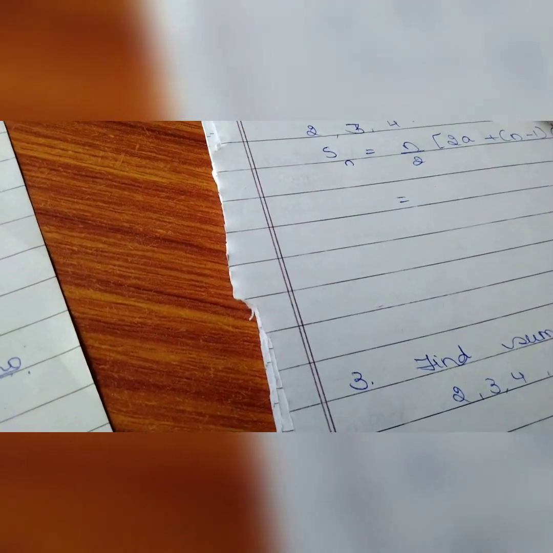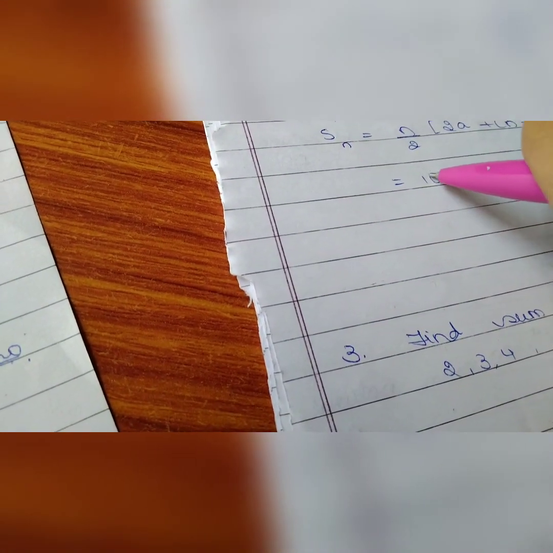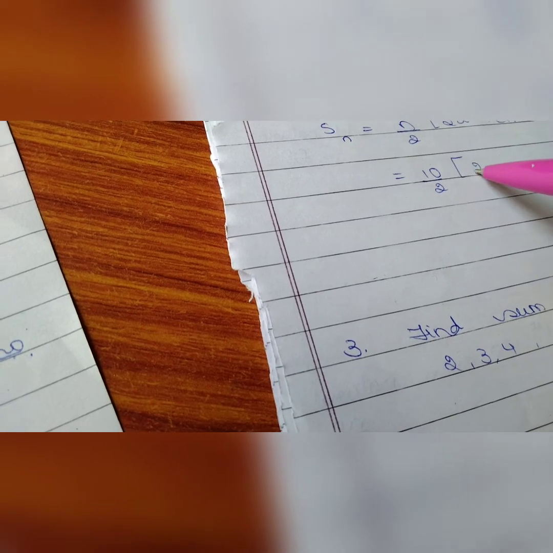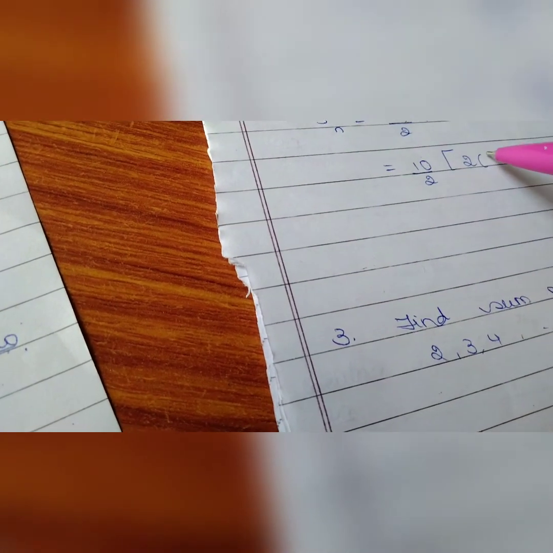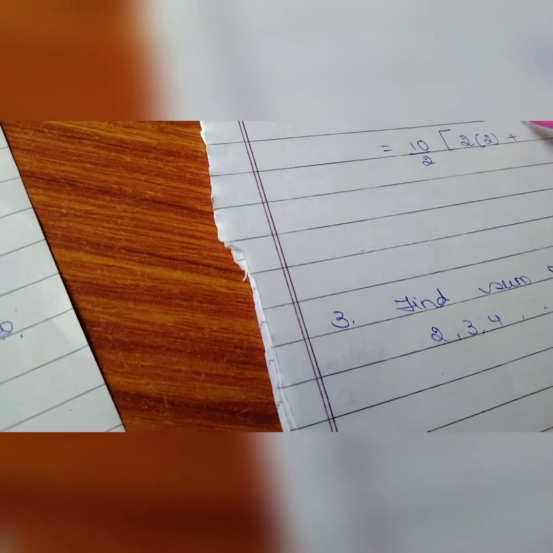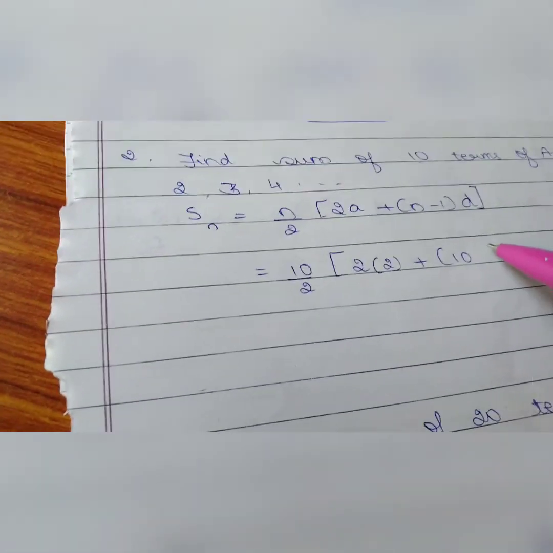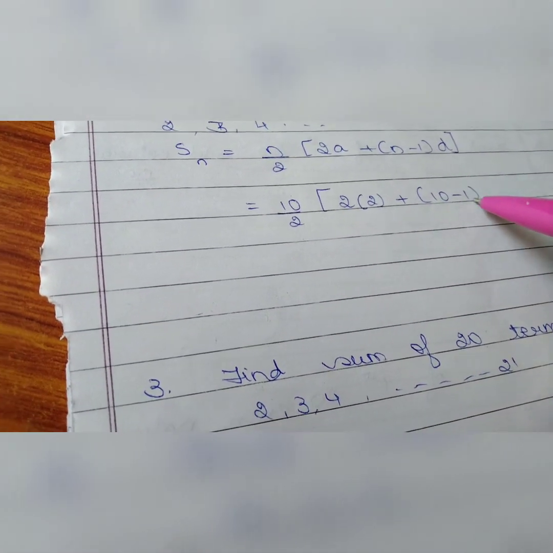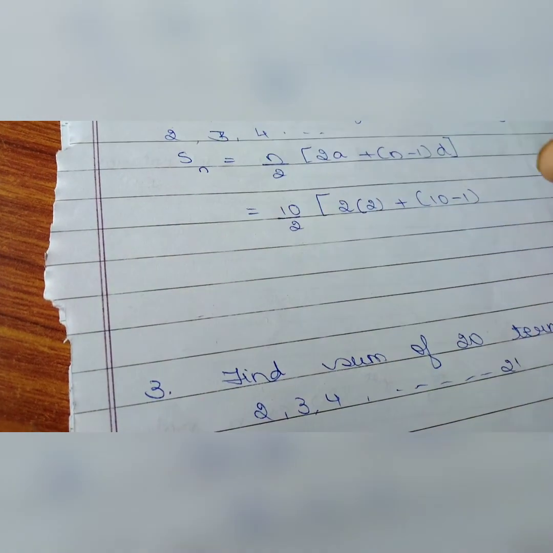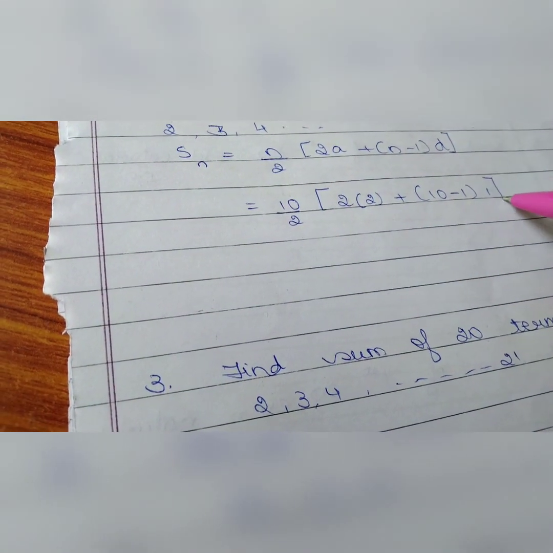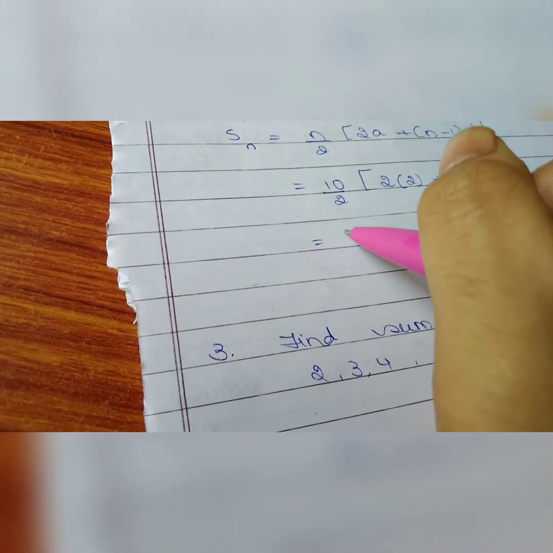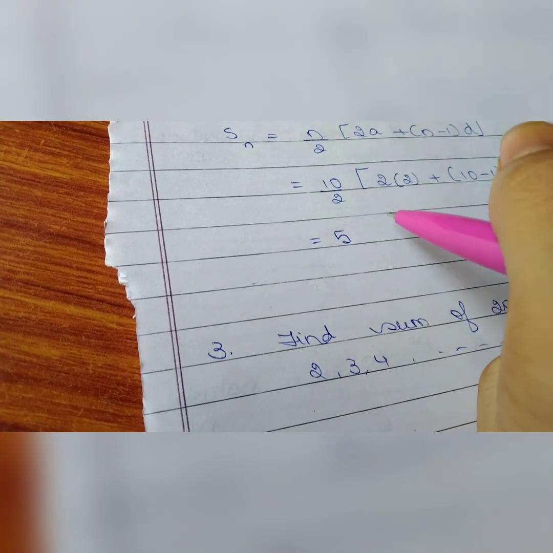Here n is 10, so 10 by 2 into 2 into a, which is 2, plus n, which is 10, minus 1 into d. 3 minus 2 is 1, so d is 1.